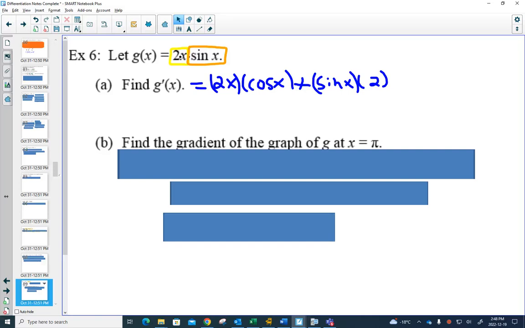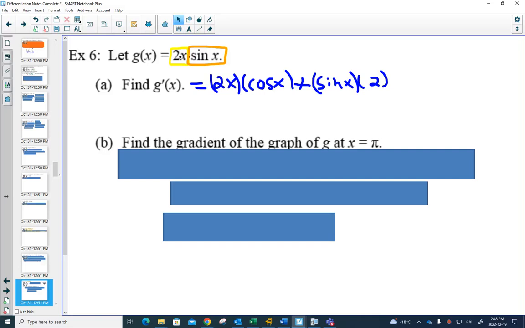And once we start getting into more and more rules for derivatives, your brain starts to forget what a derivative really is. All a derivative is, is an equation to find the slope of a tangent at a certain point.